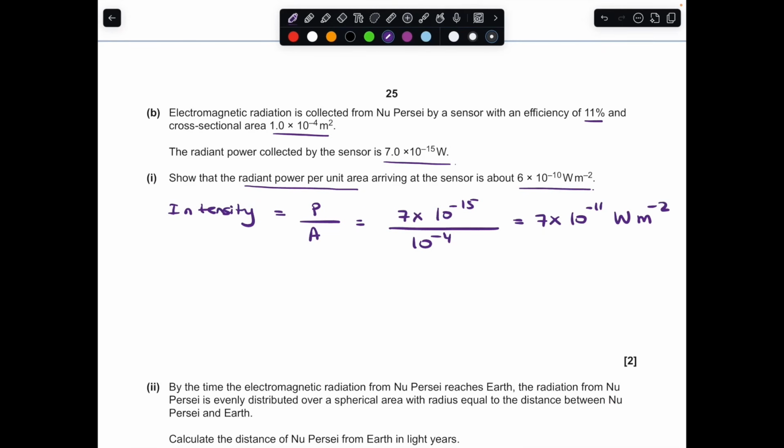Now, incident intensity is therefore going to be, given that it's 11% efficient, 7 times 10 to the minus 11 divided by 11%, or 0.11. And that gives me 6.4 times 10 to the minus 10 watts per meter squared.